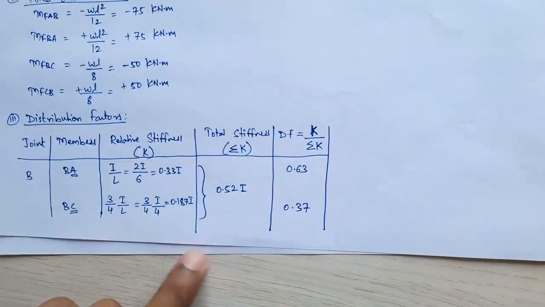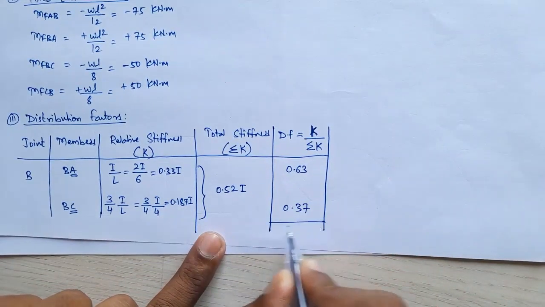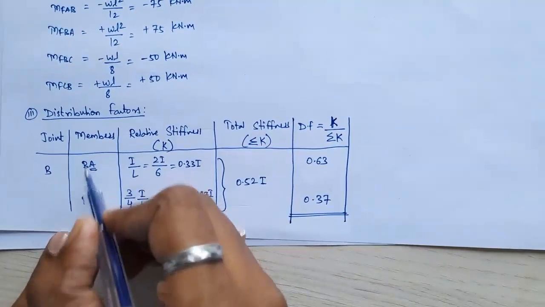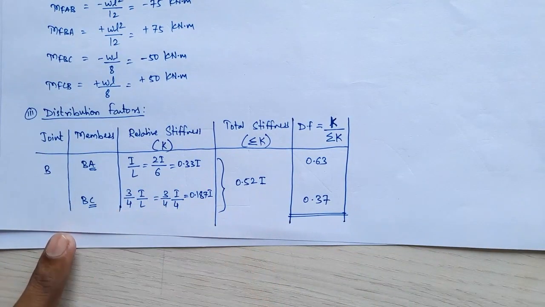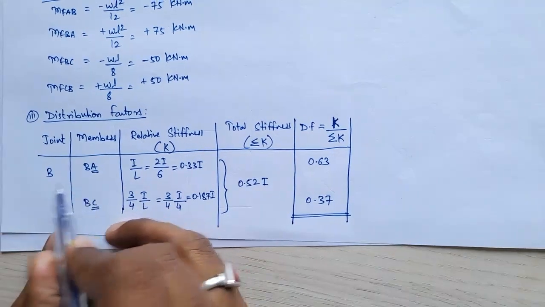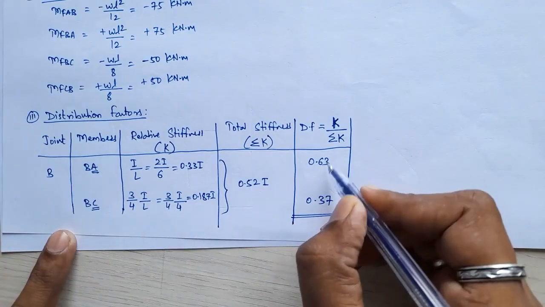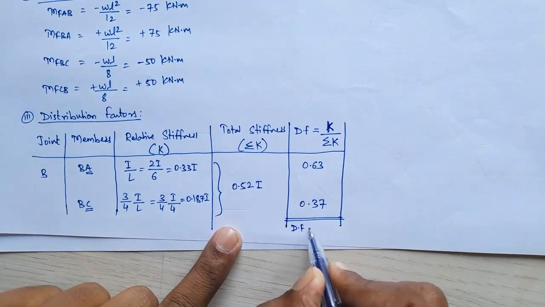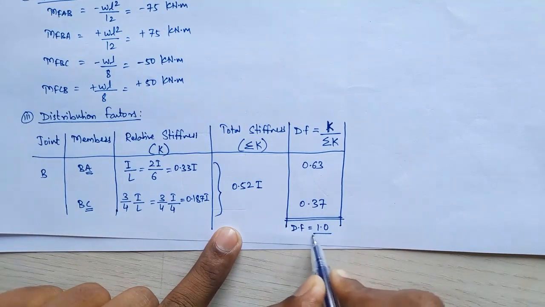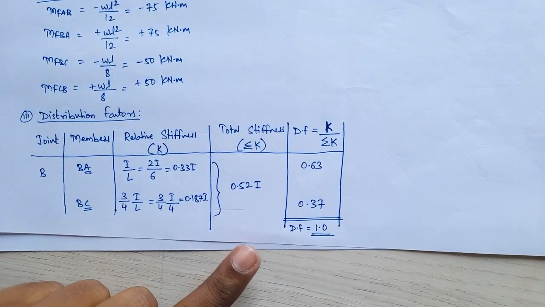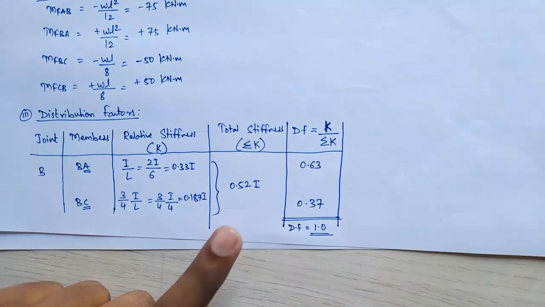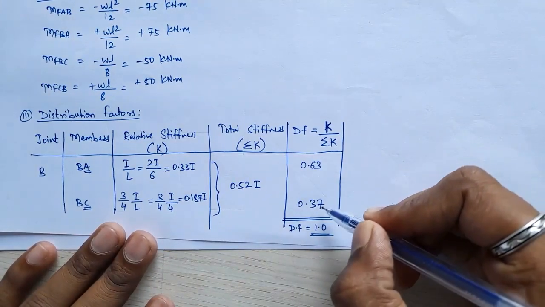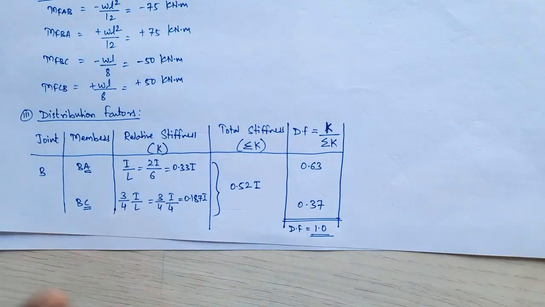So this I gets equal to 0.37, and always remember you have one check for this: the DF value for every joint, however many members are given over there. If there are 2, 3, 4, 5 members, for all the members whenever you are calculating the DF at a particular joint, this DF value must always be equal to 1, not greater than 1 nor less than 1. So if you check this, 0.63 plus 0.37, you will get that equal to 1.